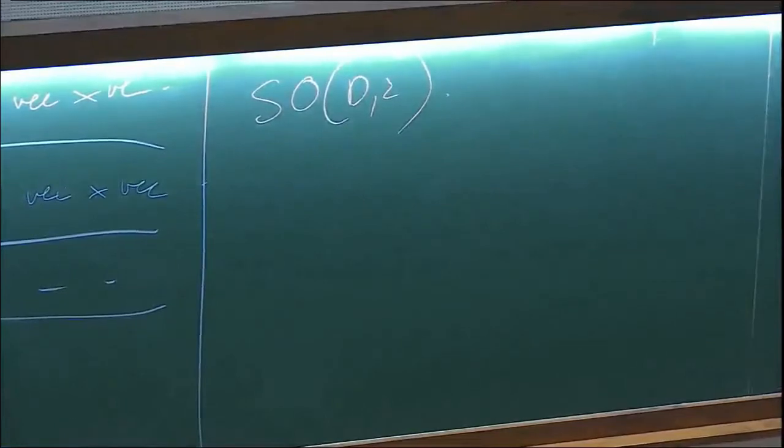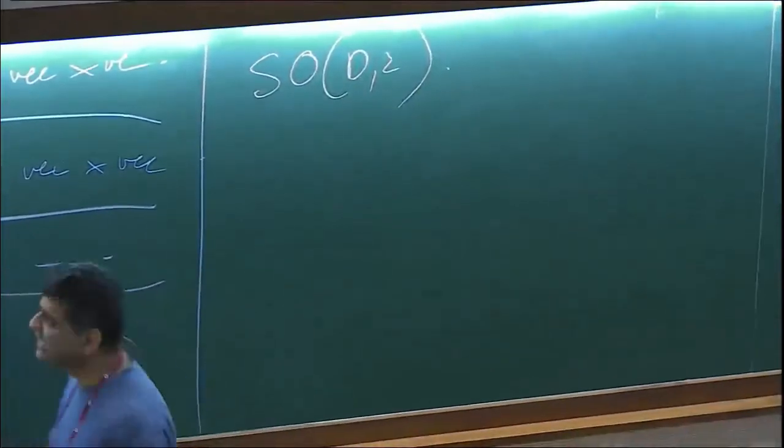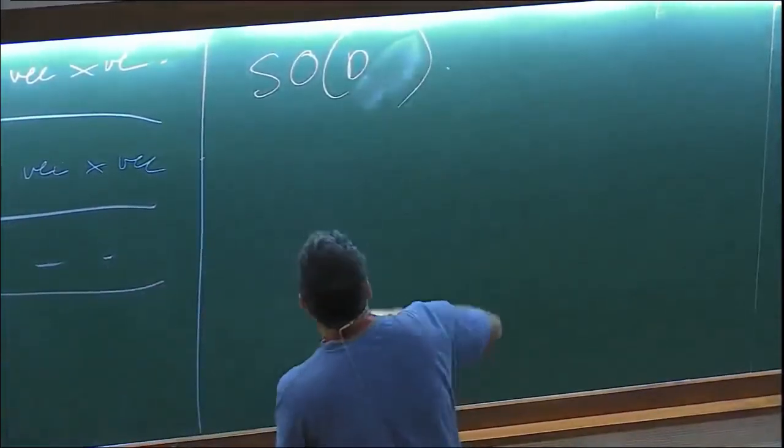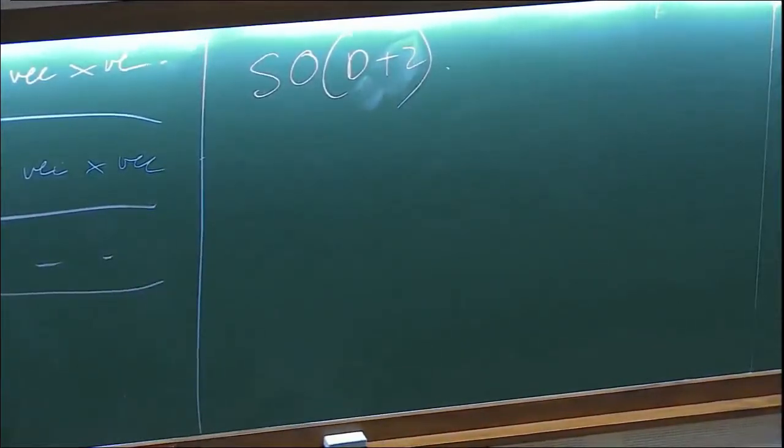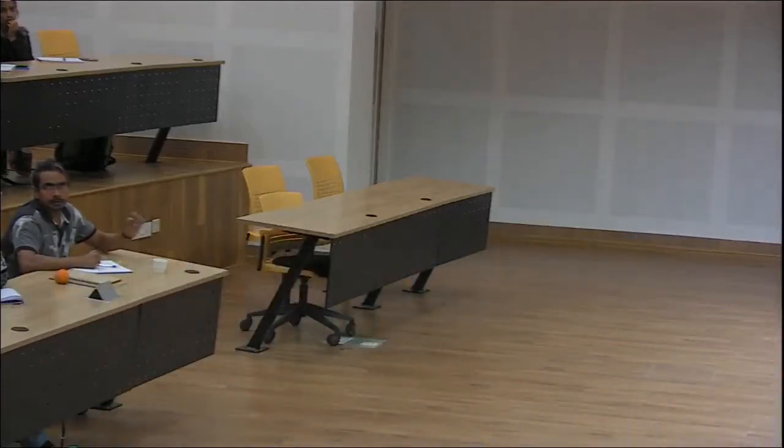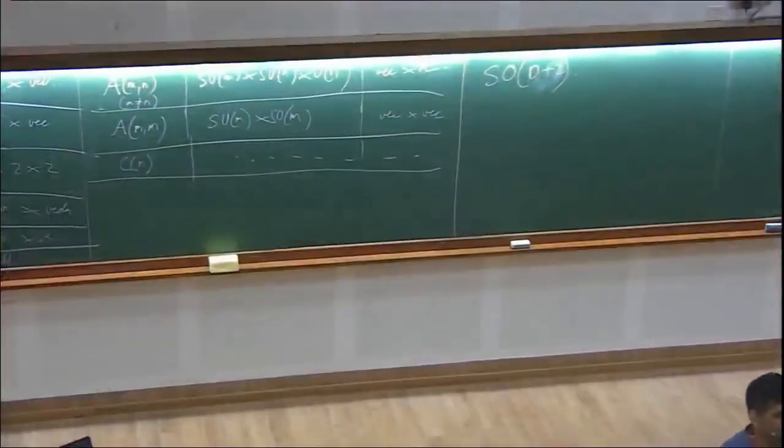Now, we're willing to sprinkle i's all over the place, so SO(D,2) is the same as SO(D+2). At first sight, this looks good. There are SOs here and SOs here. But there's a problem, and the problem is this stuff: the supercharges don't transform as spinors under the SOs, they transform as vectors. No good. We won't have supersymmetry as a subalgebra.